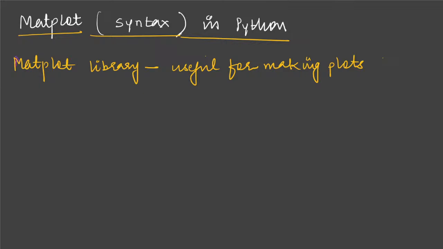The important thing is that we already have this library in Python, but we need to access it. For accessing this library, we have to write import. We have to import this library from Python. So we write import matplotlib. आपको कोई भी यहाँ पे space नहीं देना है, like matplotlib directly, then .pyplot as plt.